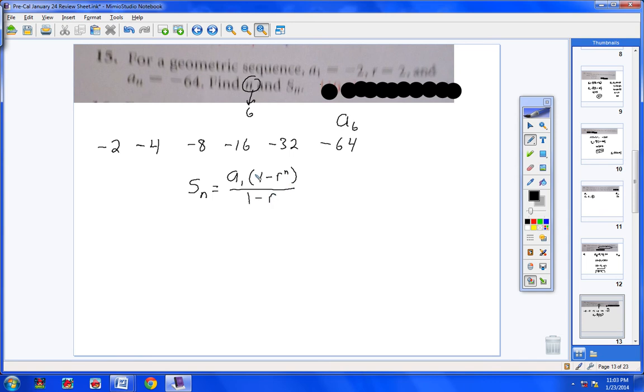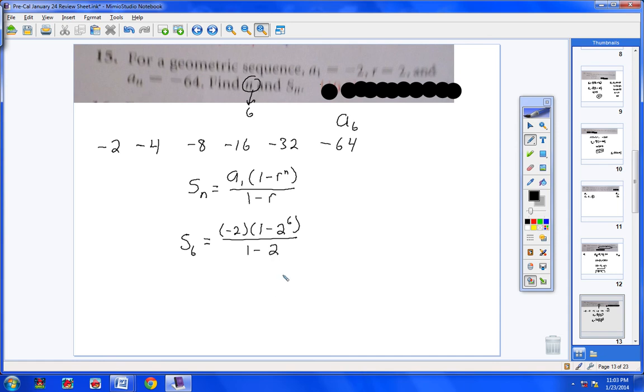Now, we know we're finding the sum of 6 terms, so the sum of 6 terms equals a subscript 1 is negative 2, 1 minus, the common ratio would be 2, to the n power, which would be a 6, all over 1 minus r, 1 minus 2.